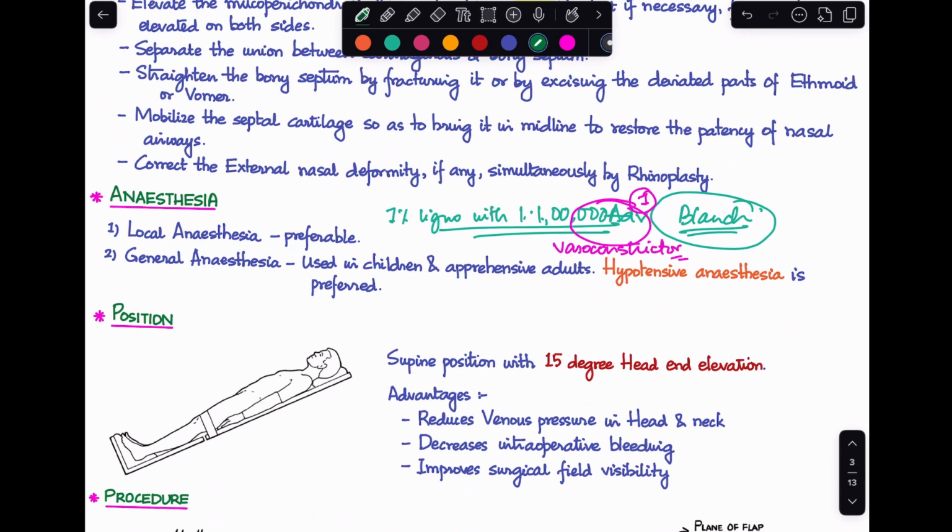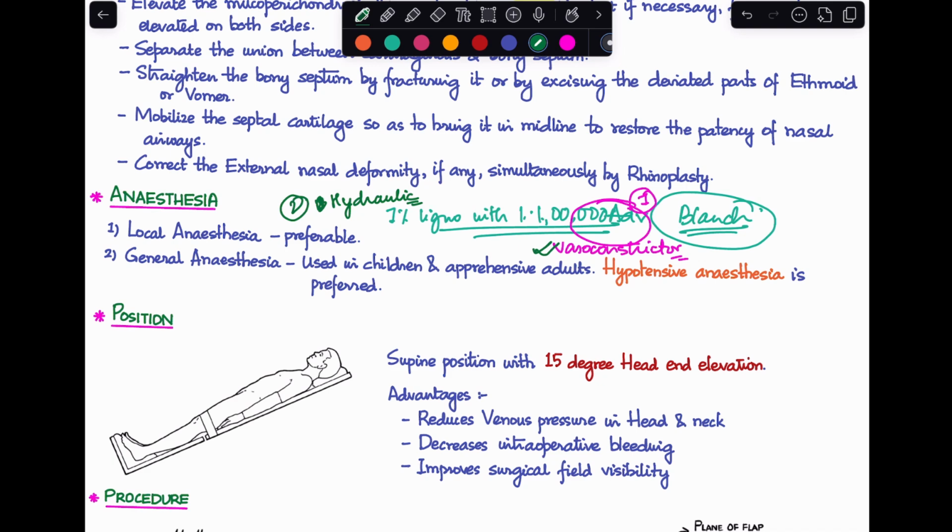So these are the two reasons local anesthesia is very important. One is using adrenaline will give you a vasoconstrictor effect, and second of all, it will have a hydraulic effect which will make your flap elevation very easy. And this is provided you have put your infiltration in the right plane, which is underneath the flap. So that's about the local anesthesia.